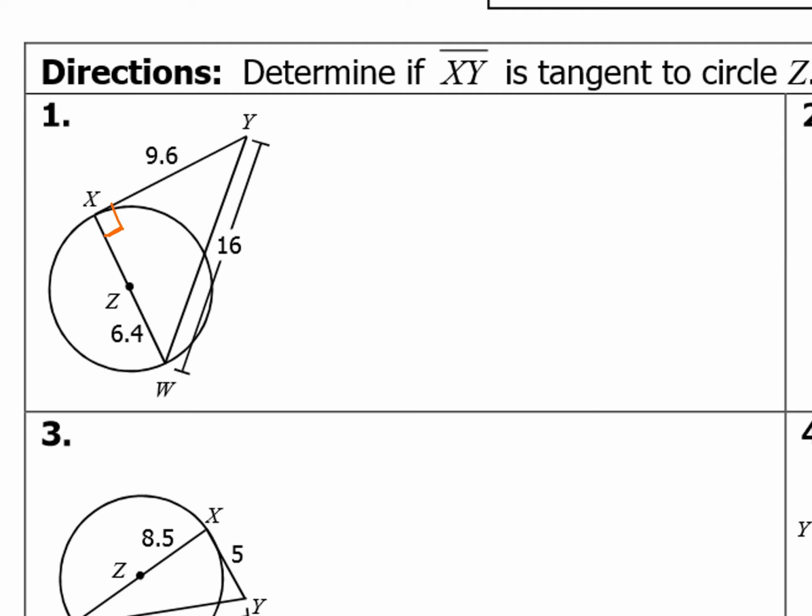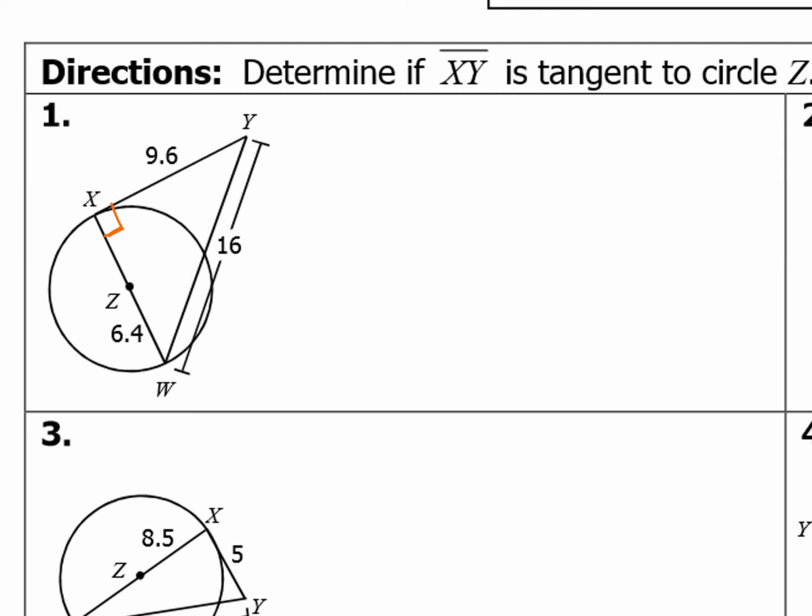All right, so the same idea on number 3. The question is, is it tangent? This should be a right angle, so we have 5 squared for one side. The other side, they gave us a radius, so we have another radius, so that is 17 squared should equal 20 squared.